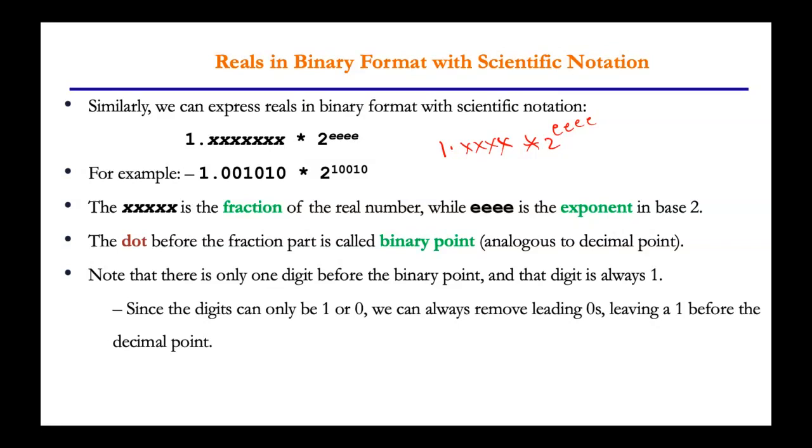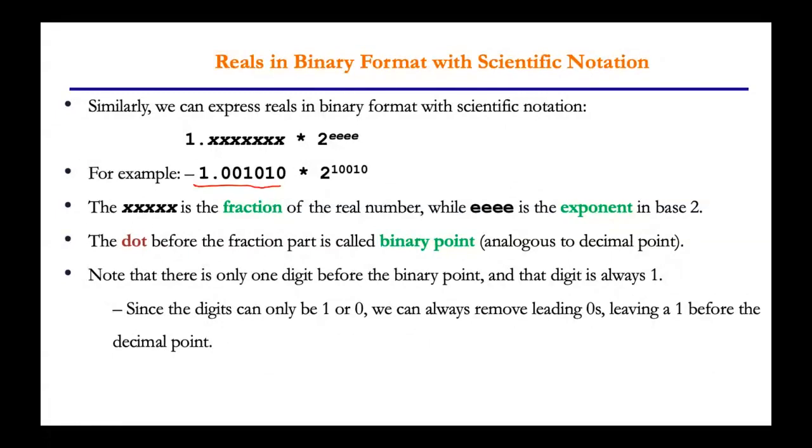In our previous example we used 2, 3, 4 as your decimal part, as 2.0, 4.0, and they are multiplied with 10 to the power of your exponent. But here in the binary format, the base which is used is 2. For example, if we have a number 1.001010 multiplied with 2 to the power of this.